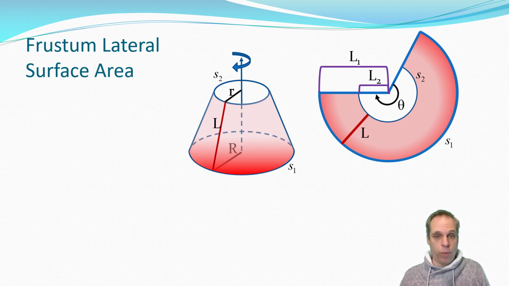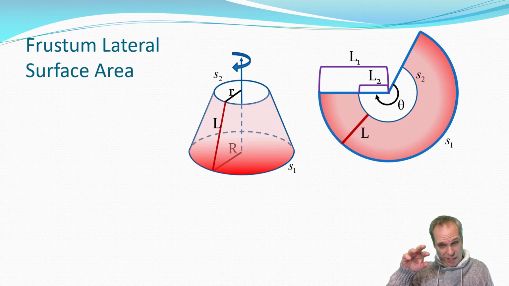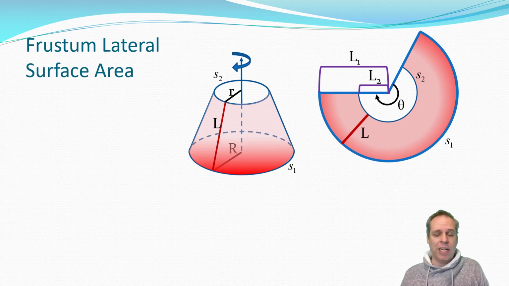So here are the radii. We'll call them L1 and L2, labeling them in common with the length of the outside arc, tangent arc, for your central angle. So L1 goes with S1, L2 goes with S2, and then we have a common central angle for both of these sectors. We'll call that theta.